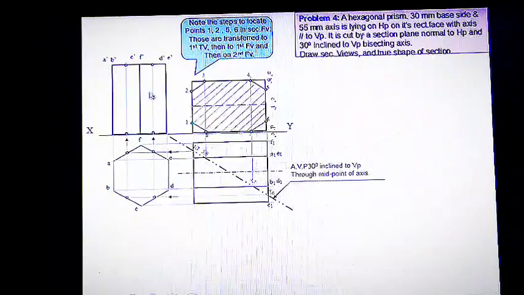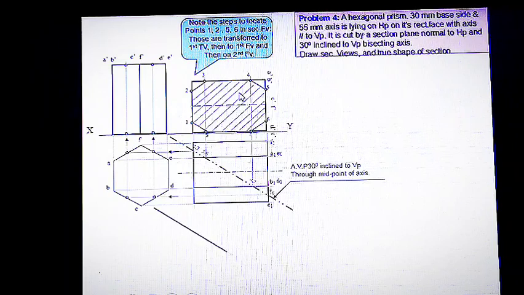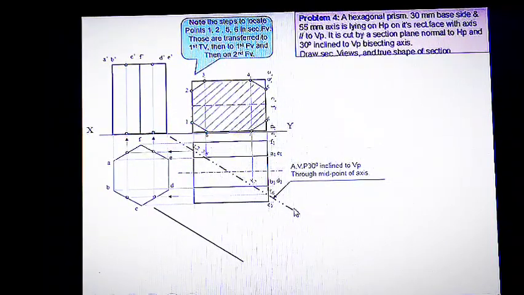Now we will get the sectioned surface, hatch the surface, and now you are asked to draw the true shape of section. We know for drawing the true shape of section, a parallel line is drawn which is parallel to the cutting plane. So a line is drawn which is parallel to the cutting plane and it is named as x1, y1.